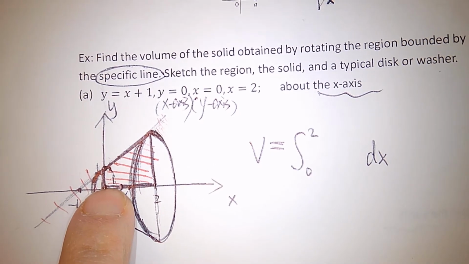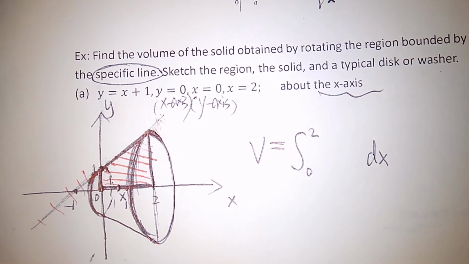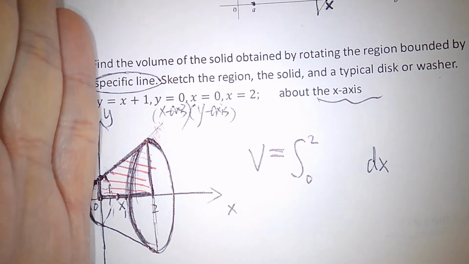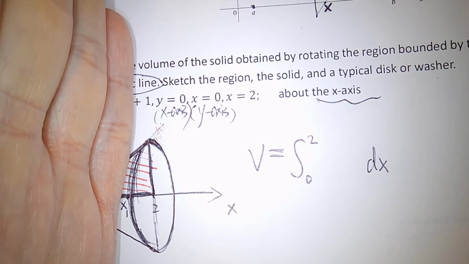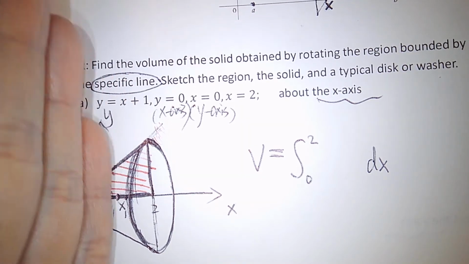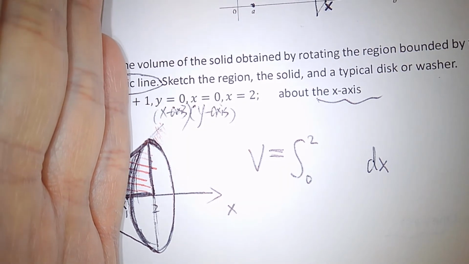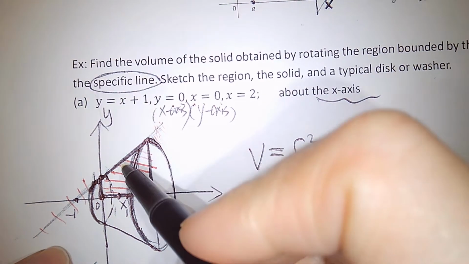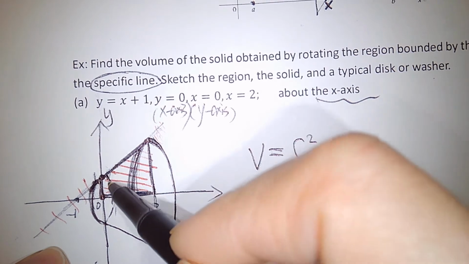Any arbitrary x, okay? And what do we do? We use a knife to cut this solid and pass through x. So what can we get? Can you imagine what we can get if we use a knife to cut it?